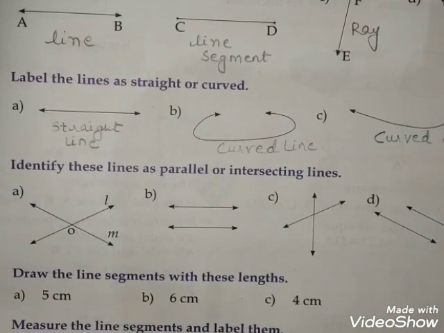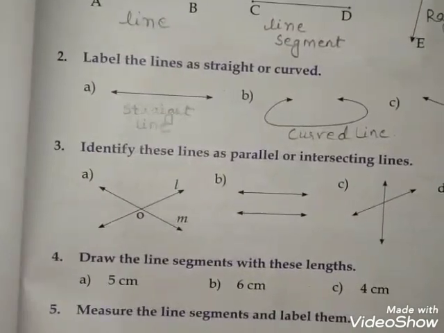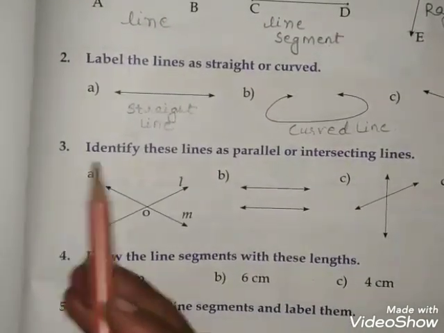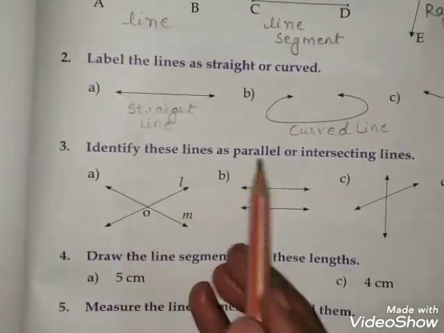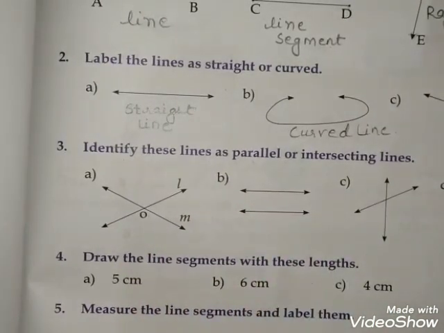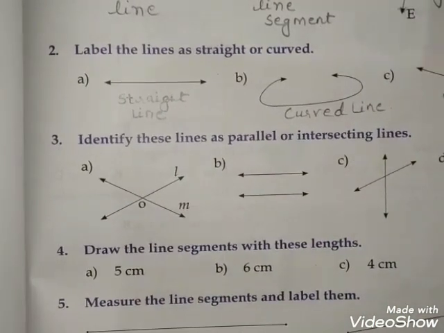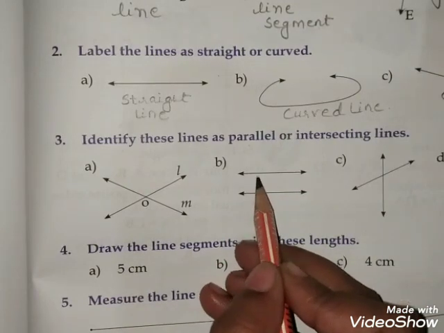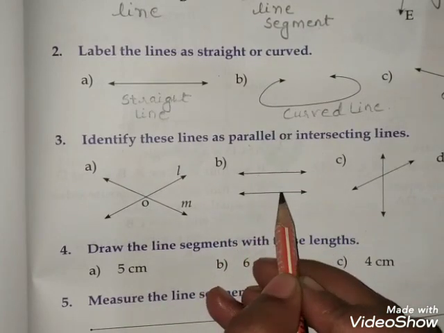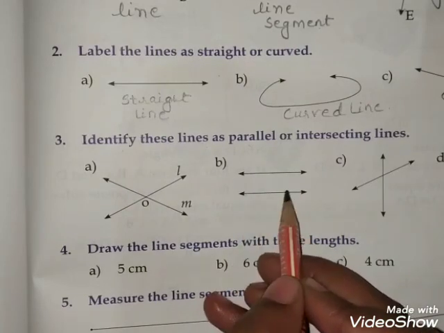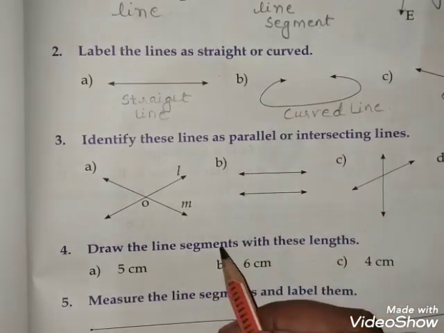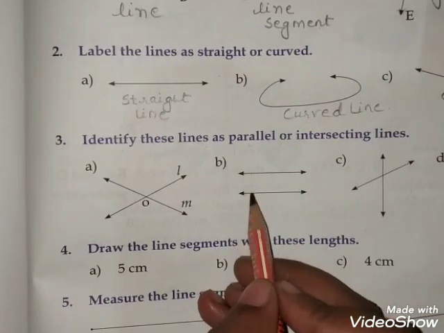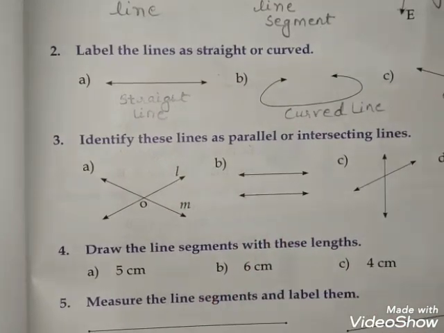Alright, now here, moving to the next question. Identify these lines as parallel or intersecting lines. So children, in the previous class, we have learned that lines which are at the same distance at any point, that means those lines are parallel lines which have the same distance at any point.